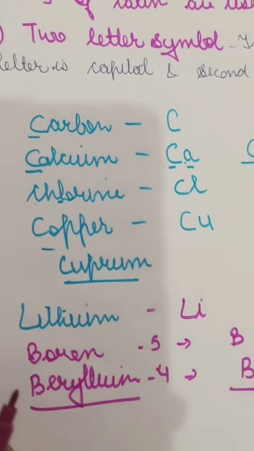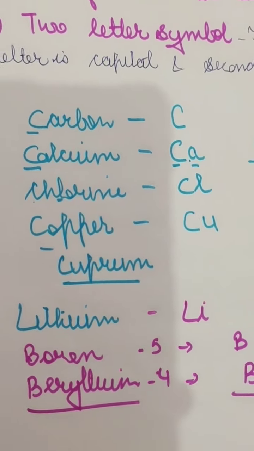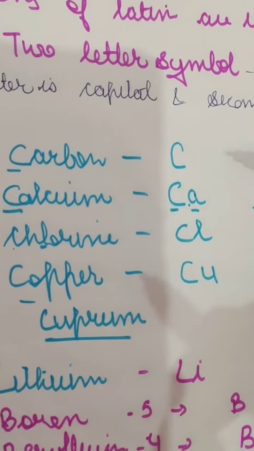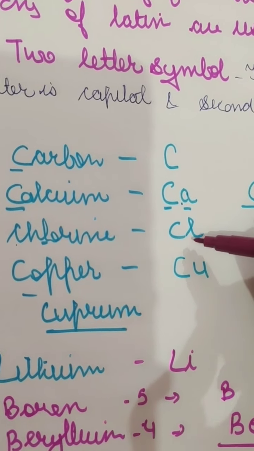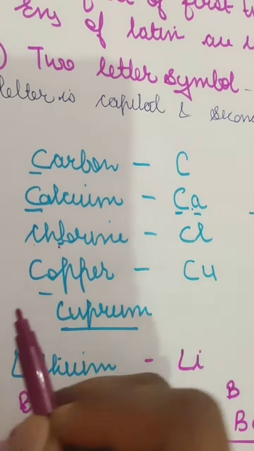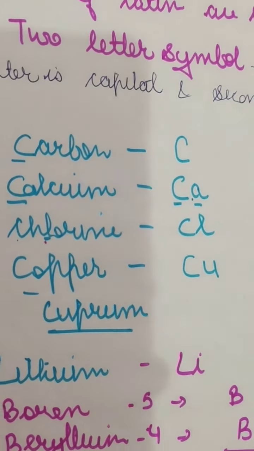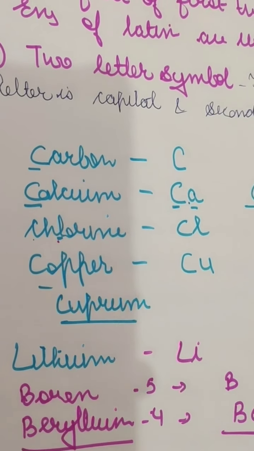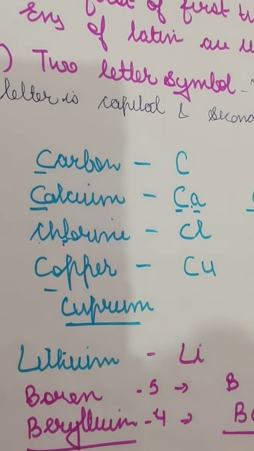Okay, so when the names are similar, you would be wondering why we have used only C for carbon and Cl for chlorine, why we are using the third letter. Because they were named as they were found. First the carbon was discovered, so the elements discovered first are also named first.